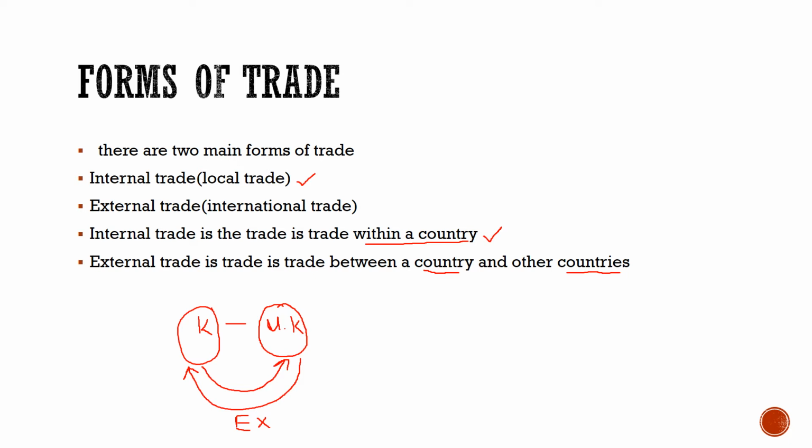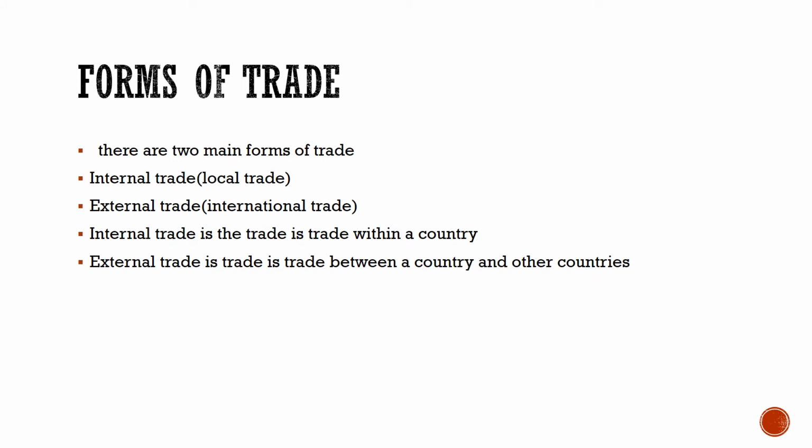Those are the two forms of trade that we are supposed to know: internal trade and external trade. External trade is trade between countries, while internal trade is trade that takes place within a country.